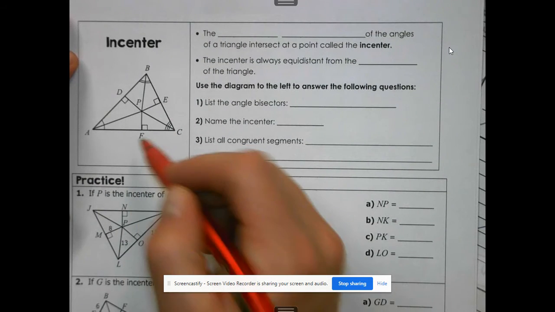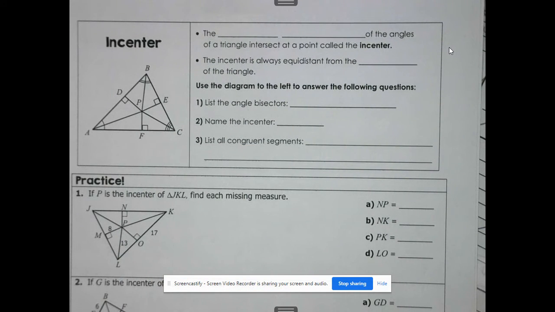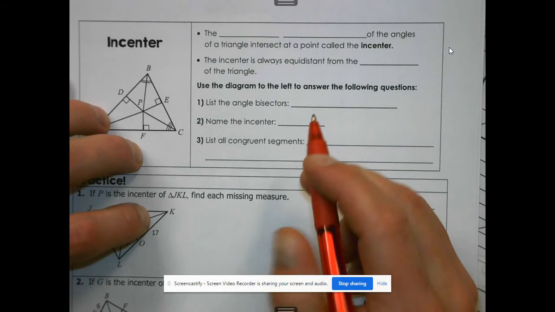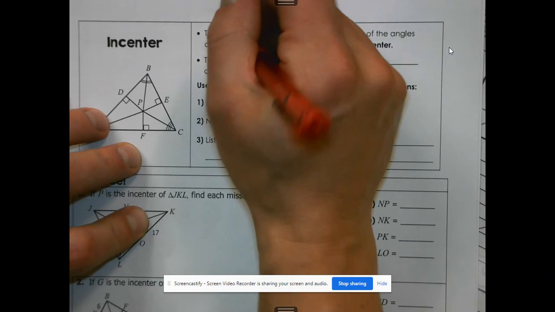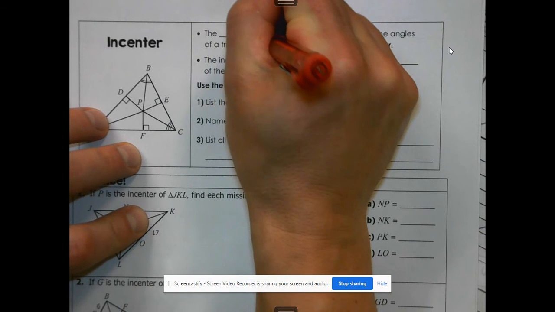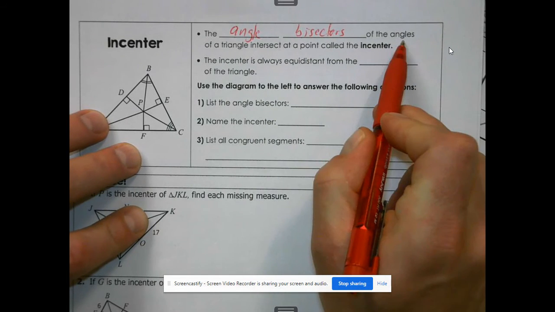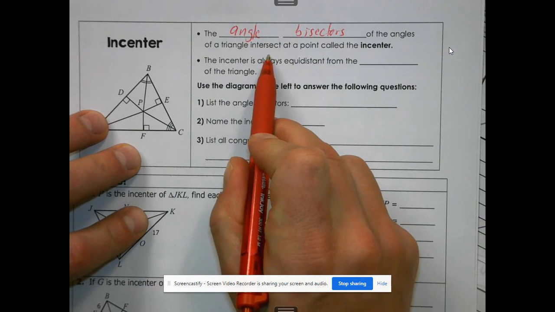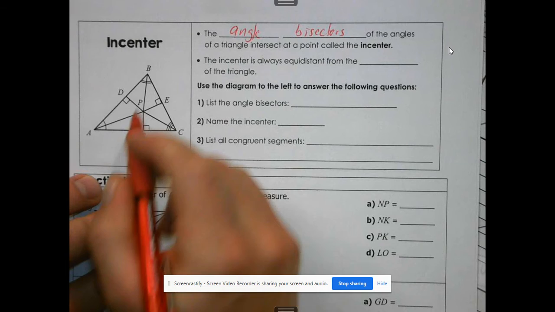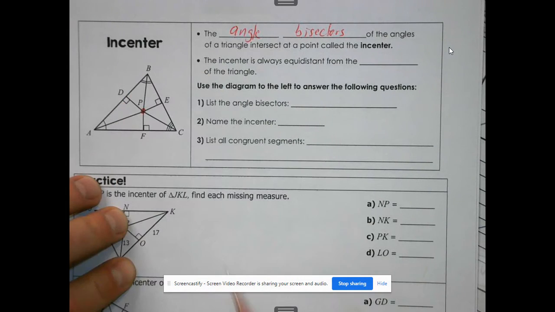So I'll mark this guy up, and then we'll knock out some examples down here for 1, 2, and 3. Once again, Pythagorean theorem for sure. All right, first bullet, the angle bisectors of the angles of a triangle intersect at a point called the incenter. So this guy right here, point P, that is your incenter.